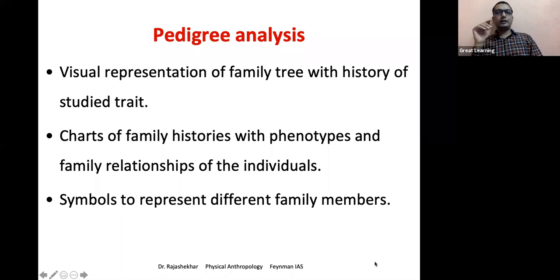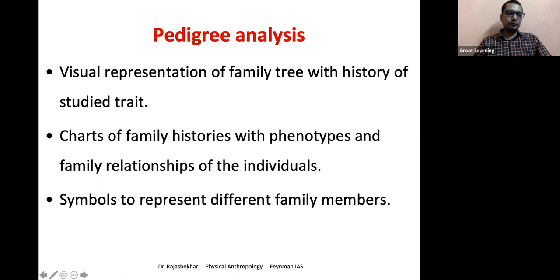So when they find out the information like this, they can create what is called a pedigree chart. Here they are collecting family information and writing it down. How do they write? I'll show you that. But they create a family tree with this information, and this is with respect to a certain character or a certain trait.